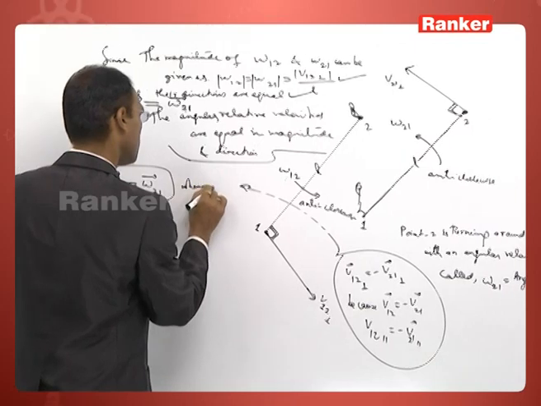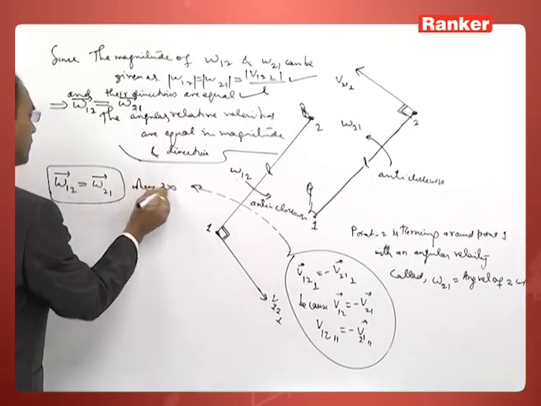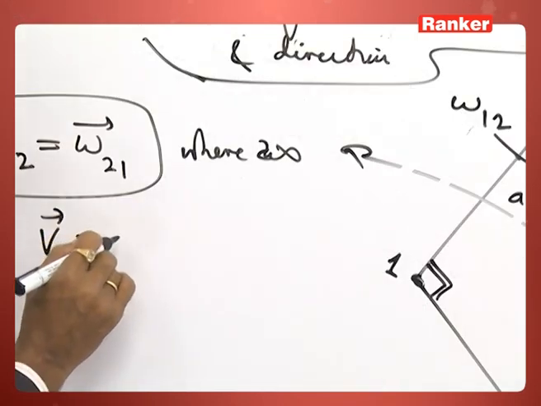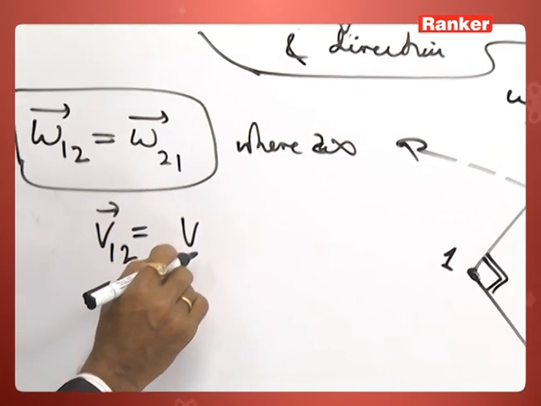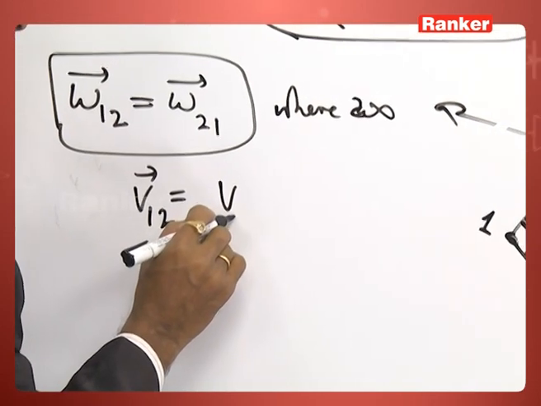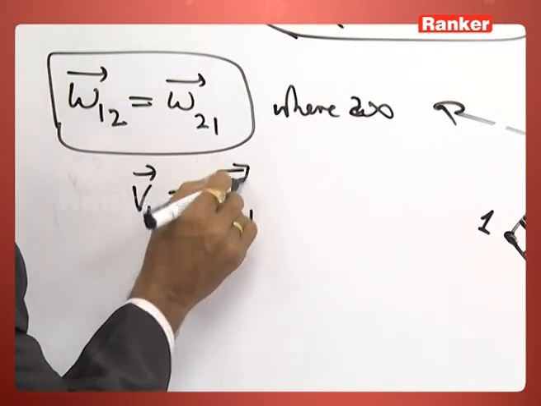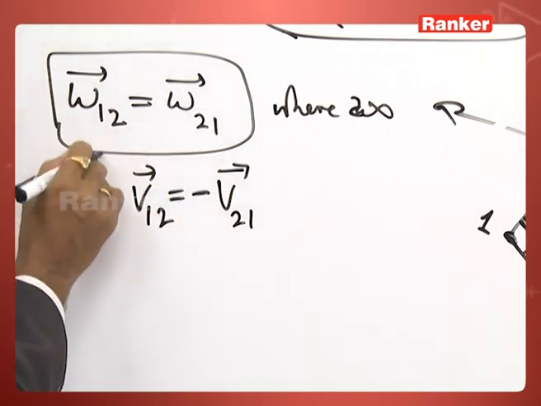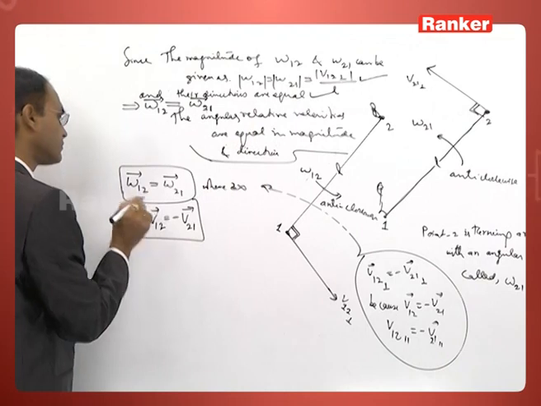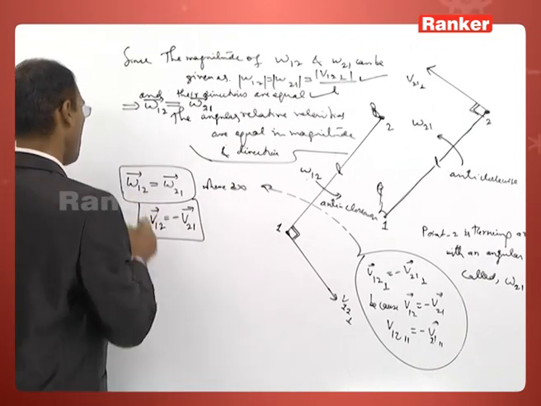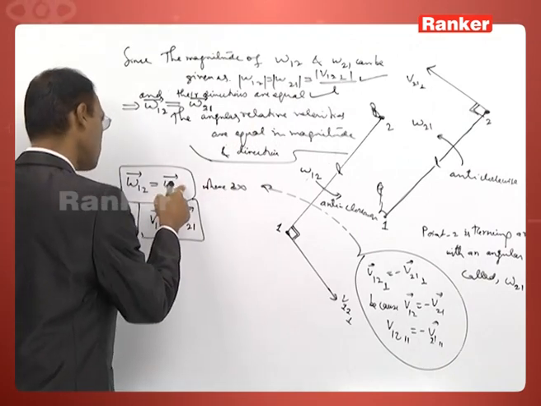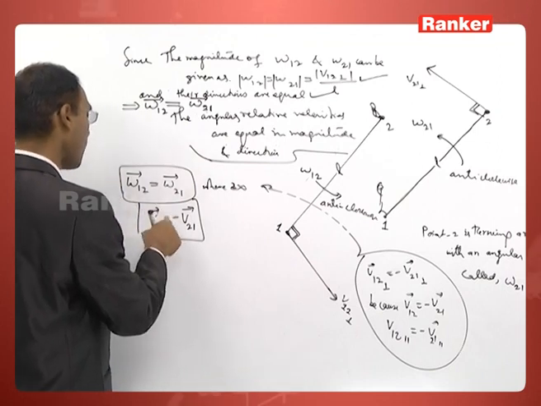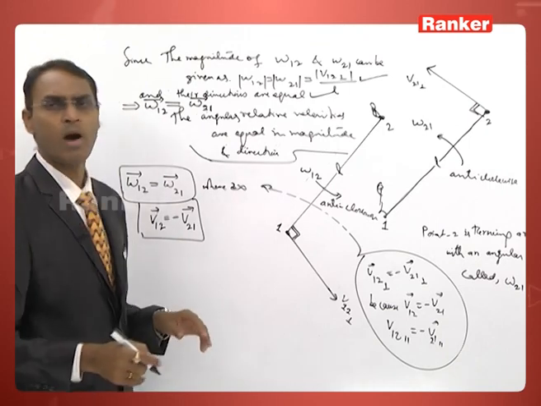Whereas the linear velocity of 1 with respect to 2 is equal in magnitude to the linear velocity of 2 with respect to 1, but direction wise they are opposite. Omega 12 is exactly equal to omega 21, whereas v12 is equal and opposite to v21.